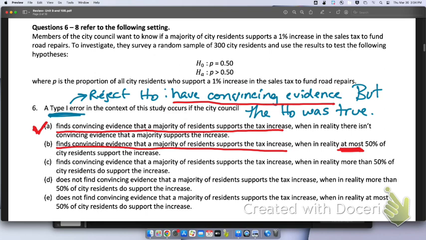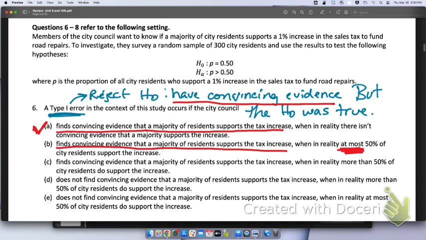I've got some sampling variability, some sample error. And so in reality, at most 50%, I don't know that it is at most. It might be less than that. I don't know. That's not what I'm actually finding here. I'm not finding at most 50%.